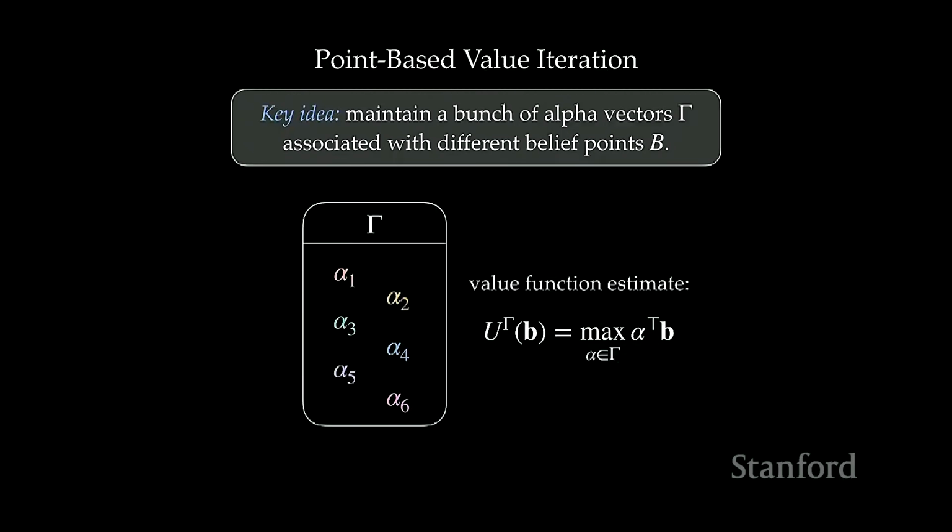And then we pick the action for the alpha vector that corresponds to the highest value for this. So again, you can think of this bag of alpha vectors as basically a policy. And what we're going to do is iteratively improve all the alpha vectors in this bag of alpha vectors to get us as close as we can to the optimal policy.